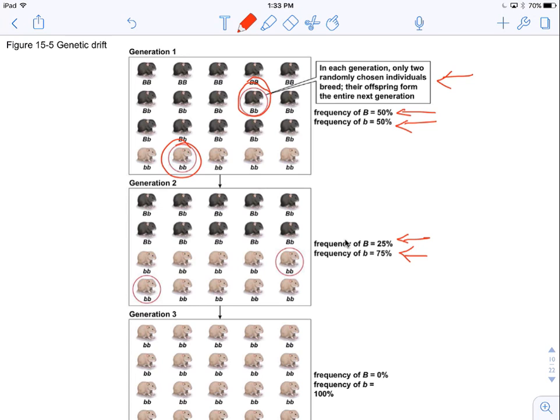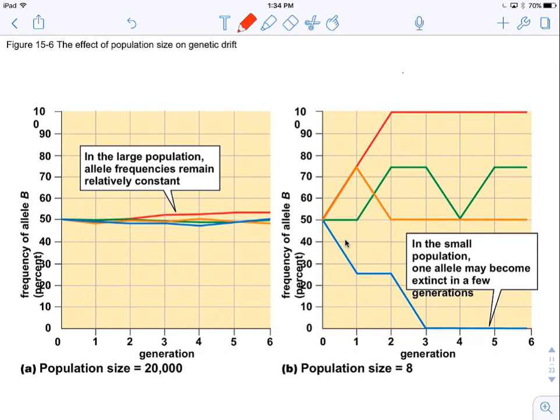The frequency of the recessive allele is now 75%. And then again, if we just randomly choose 2 individuals, if we choose 2 homozygous recessive, that basically in the next generation can completely eliminate the dominant allele. And again, just chance, depending on who you choose, it could have easily gone the other way. And that's what genetic drift is like.